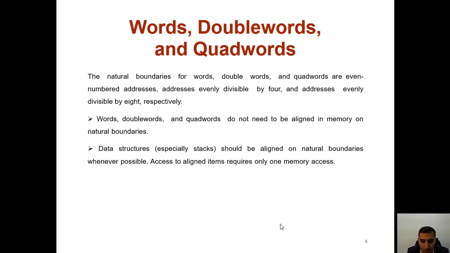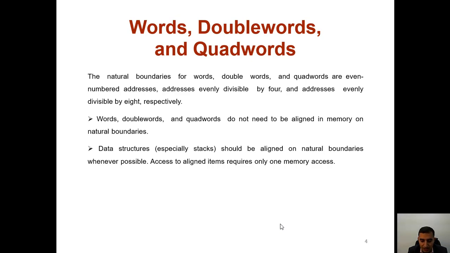Now, words, double words, and quad words have natural boundaries. For words, the addresses are even numbers; for double words and quad words, the addresses are evenly divisible by 4 and evenly divisible by 8 respectively.